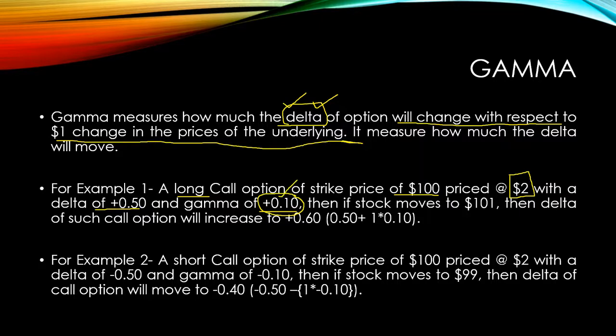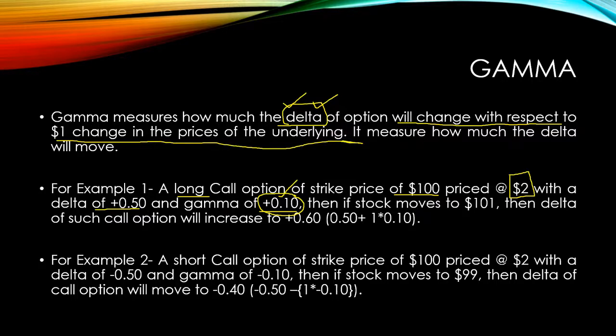What is the interpretation of this positive 0.10? As I discussed in our definition, gamma measures how the delta of the option will change. It will help us in calculating the delta if the stock moves.